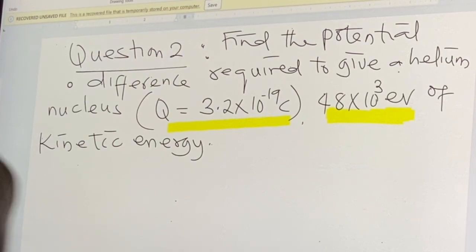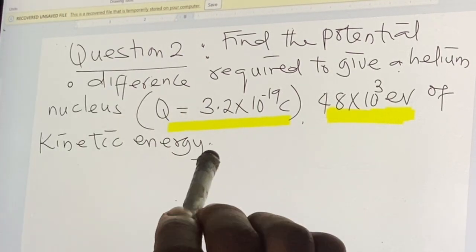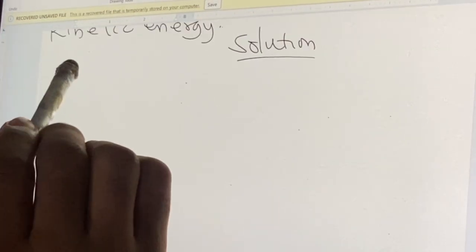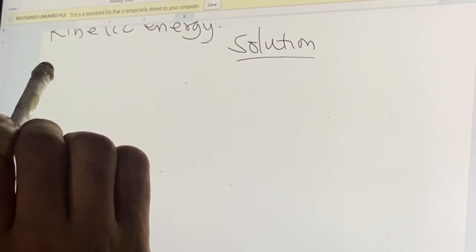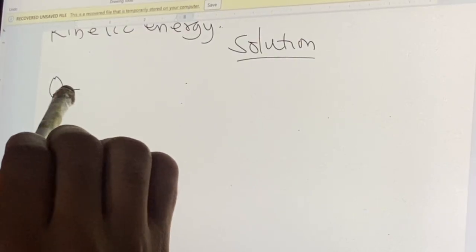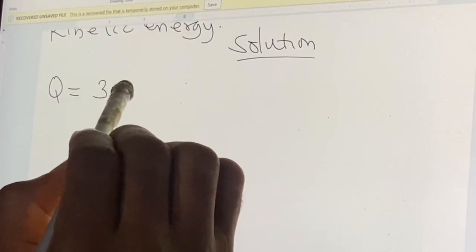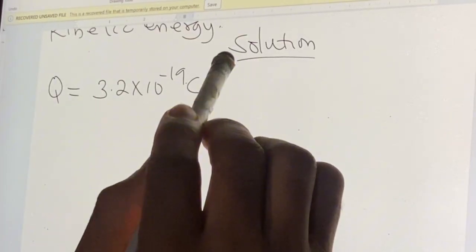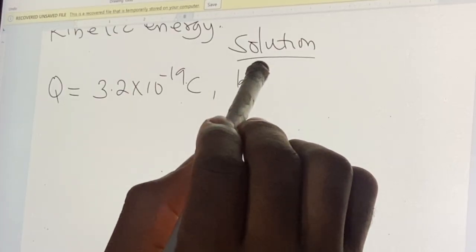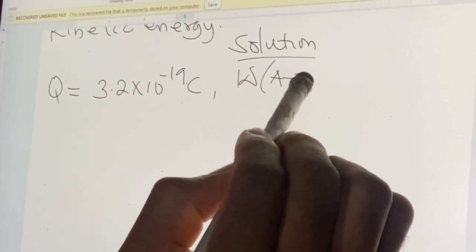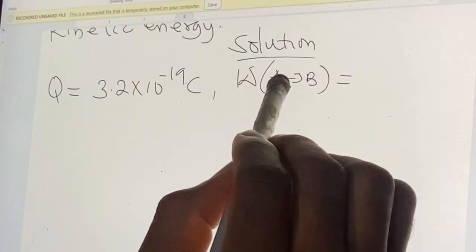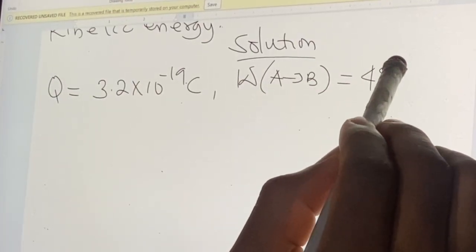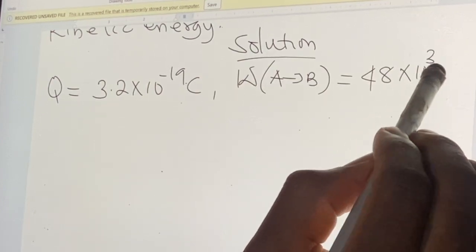Okay, now let's solve this question here, class. Solution. From the question here, we are given Q, that is the charge here, 3.2 times 10 raised to the power minus 19 coulombs, and the work done, that is the external work done here, that is moving from A to B, okay, is 48 times 10 raised to the power of 3 electron volts.